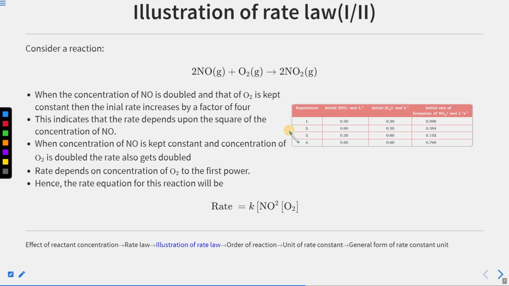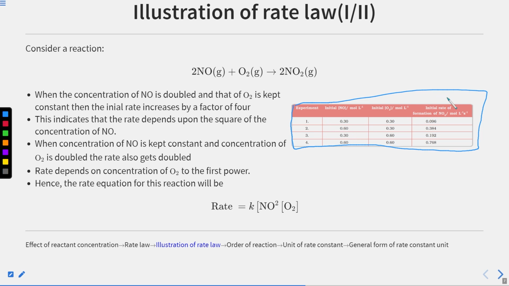What we see here is experimental data. We have done an experiment and got some results. In this experiment, we have taken different concentrations of NO and O2, meaning both the reactants are taken in different concentrations. And then we have seen what is the initial rate of formation of NO2.